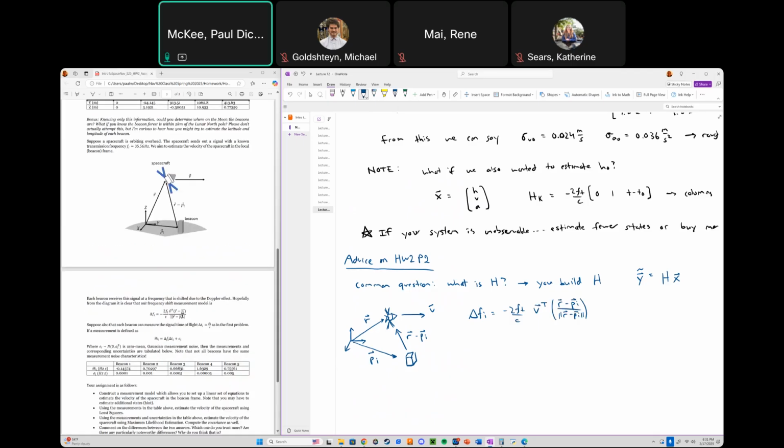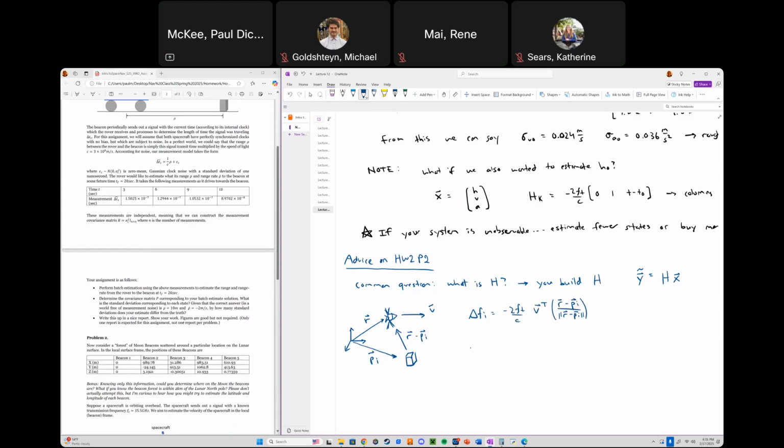Okay. Now, we also know, and I'm going to cheat a little, in the first problem I'm giving you, delta t_i is 1 over the speed of light times rho_i. So let's say the beacon sends out some signal, or the spacecraft sends out some signal. We're using a very simple model saying the time it took for the signal to reach your spacecraft is related to the range by 1 over the speed of light. It's about as simple as you can get. But here's the thing.